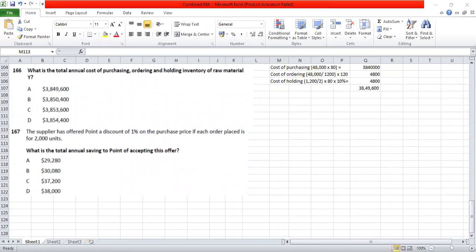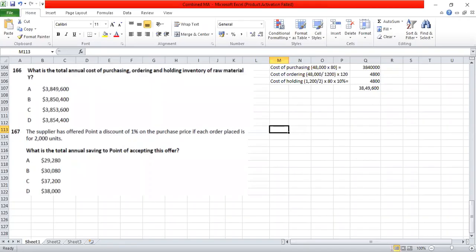But here, now there is another offer. What is the offer? If they purchase 2,000 units in one lot, so every time they purchase, they would be purchasing in lots of 2,000, they can avail a discount of 1%. So they will actually have to spend only 99% of the total cost of the material.